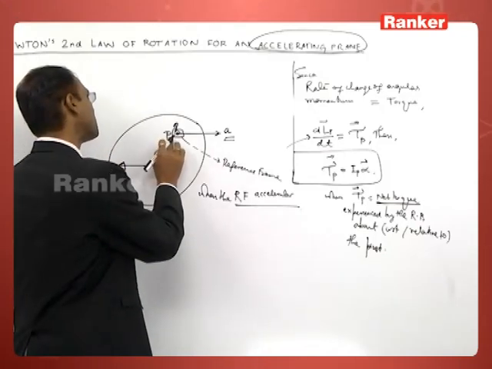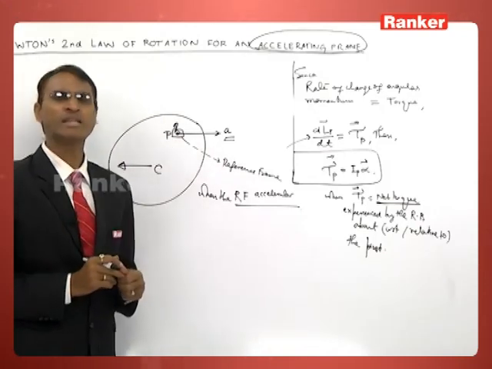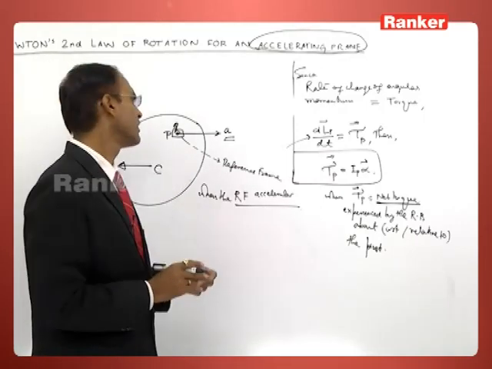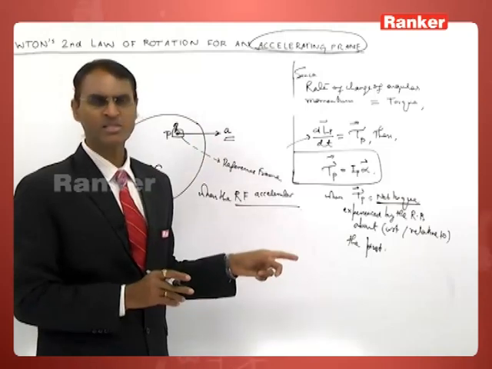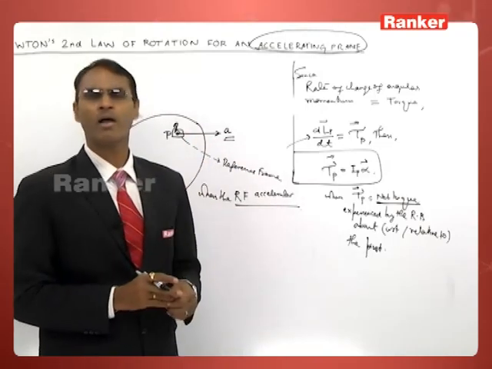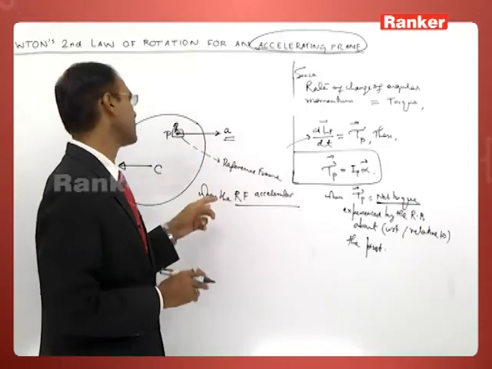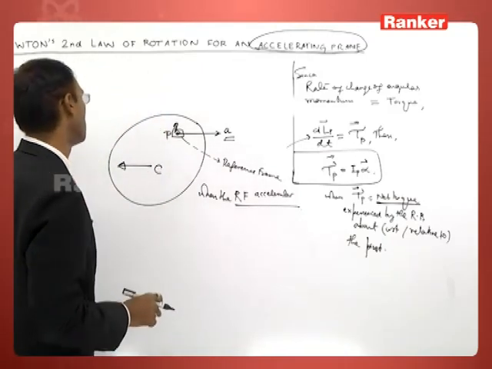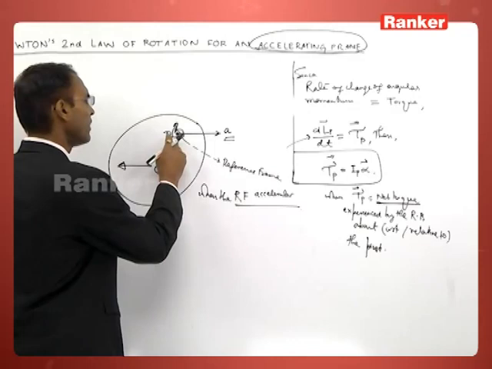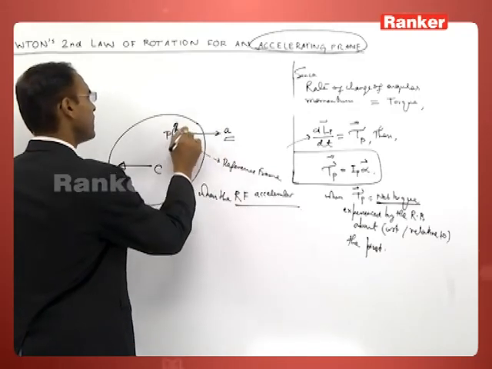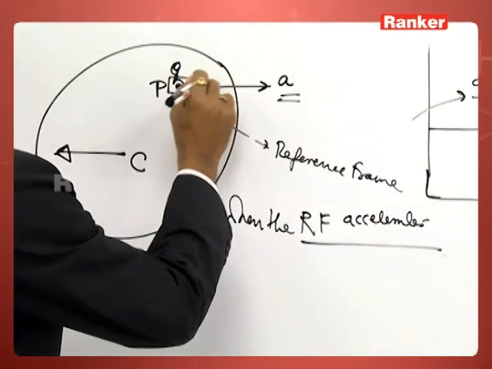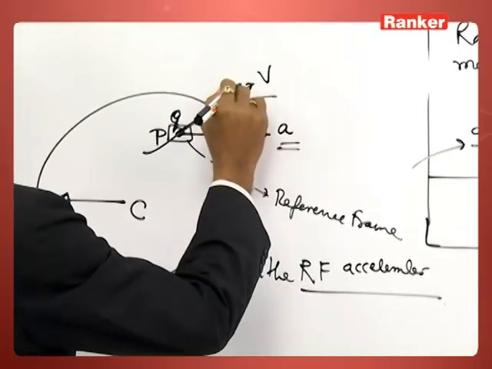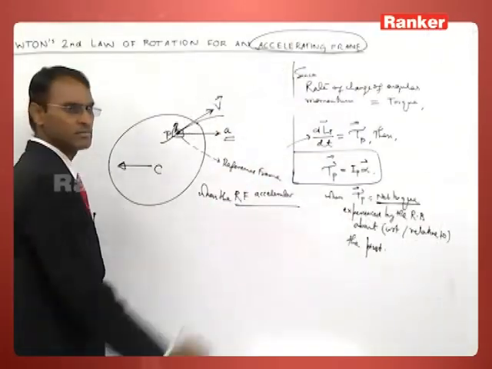The reference frame is moving or it is stationary. Even though it is moving with a constant velocity or uniform velocity, or the velocity is changing, that will affect the solution. When the reference frame velocity is constant, suppose it moves with the velocity v at this instant.